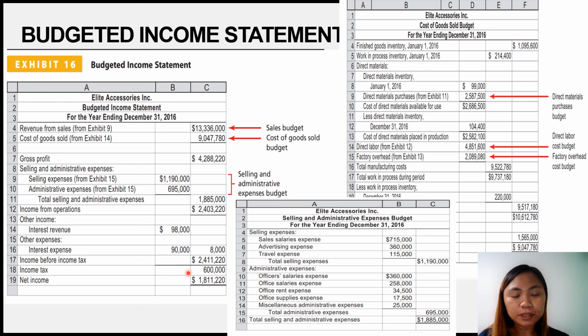So assuming that the income tax is 600,000, the net income is 1,811,220. So that is how we would compute for the budgeted income statement. So for the year ending December 31, 2016, Elite Accessories Incorporated expects to earn or to have a net income of 1,811,220. So that concludes the topic about operating budget.